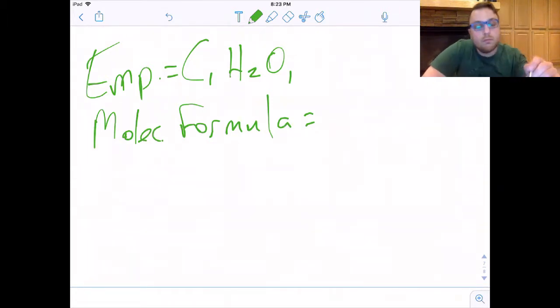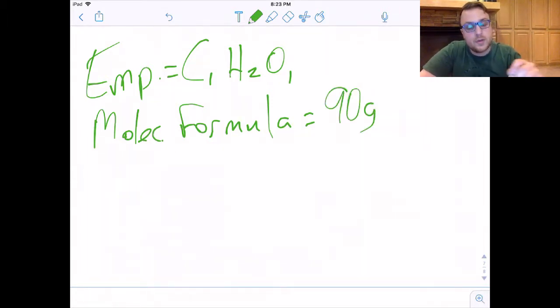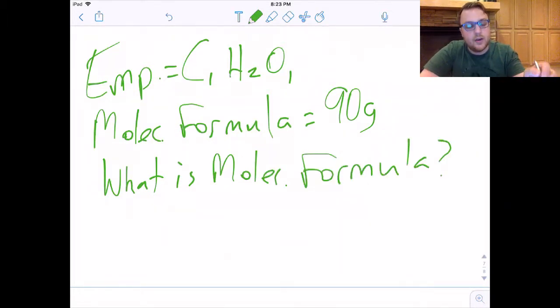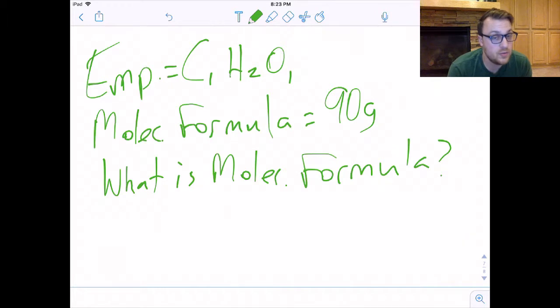So this is a big one I see year to year, where they give you the weights of the molecular formula, they give you the empirical formula, but you need to figure out what is the actual molecular formula. Is it C2H4O2? Whatever. So the first thing to keep in mind is these ratios need to stay the same. So if you multiply the C by 2, you have to multiply all of them by 2.